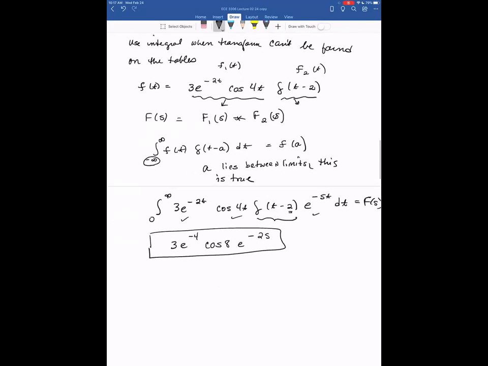So the shifting property means if I have any function that's a product with an impulse function and I'm trying to take its Laplace transform, by all means, I want to integrate, not look up in the table, because you can't really find a function like this in the transform tables. So that's that.